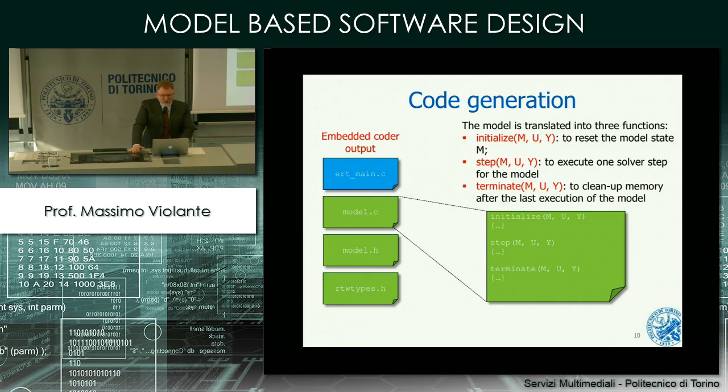So when you have the Simulink model and you ask a simulator to advance time by one simulation step, so for evaluating at time t input, output, and state, and then to adapt the time from t to t plus delta, well, you are executing one instance of step. Okay? So step is the function that contains the code corresponding to the behavior of the model during one simulation step.